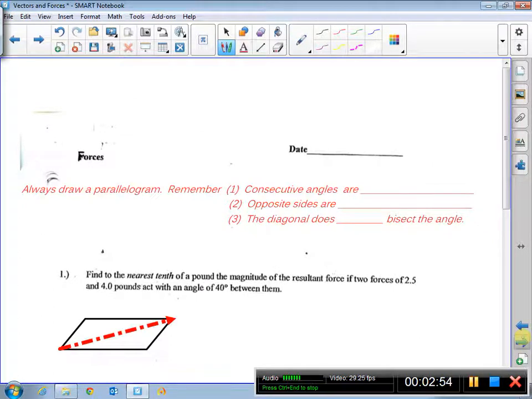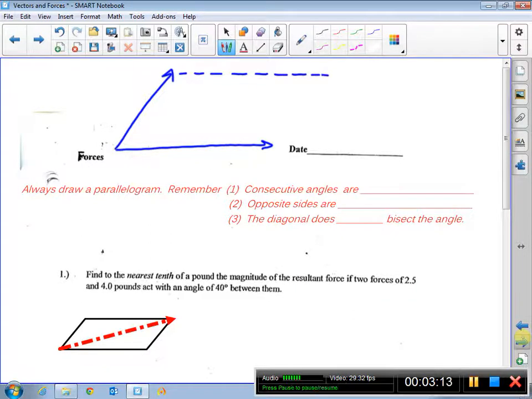So let's draw for ourselves a force, sort of at an angle there, and a force along the horizontal. And then we're going to repeat this vector up here, but with a dashed line. And we'll repeat this vector over here, but with a dashed line.